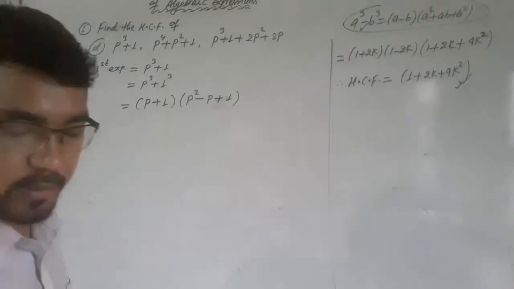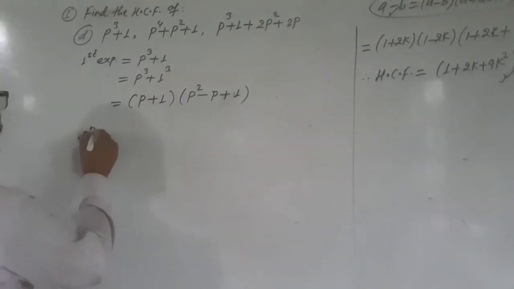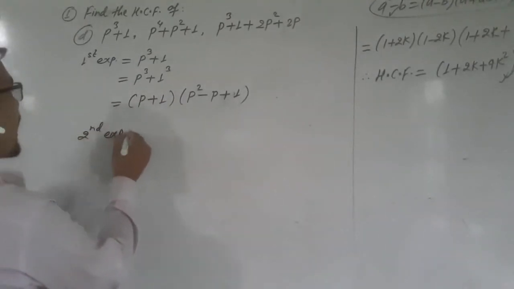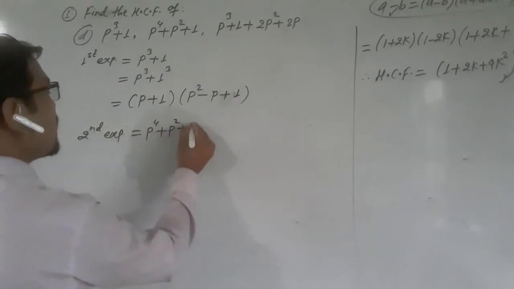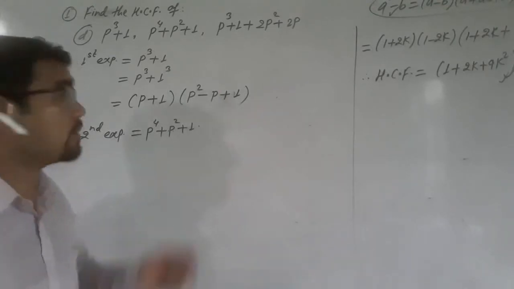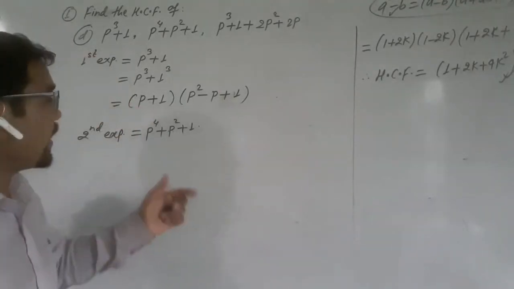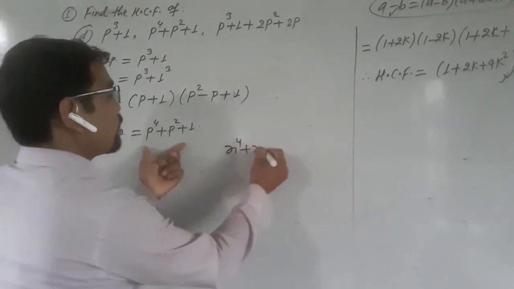Now the second expression we have is p to the power 4 plus p square plus 1. Before, in the previous example, I taught you an expression like x to the power 4 plus x square plus 1.